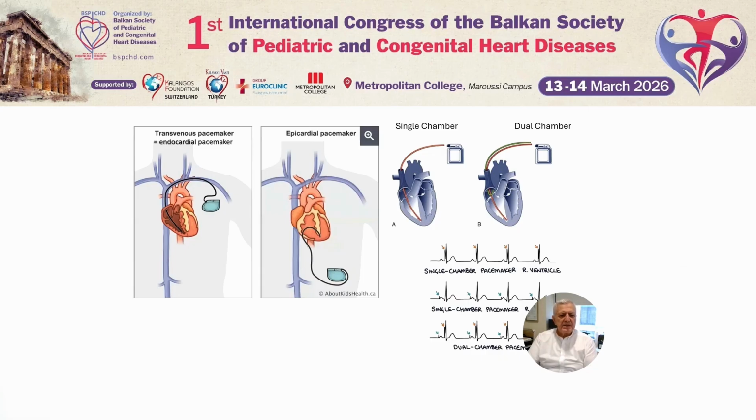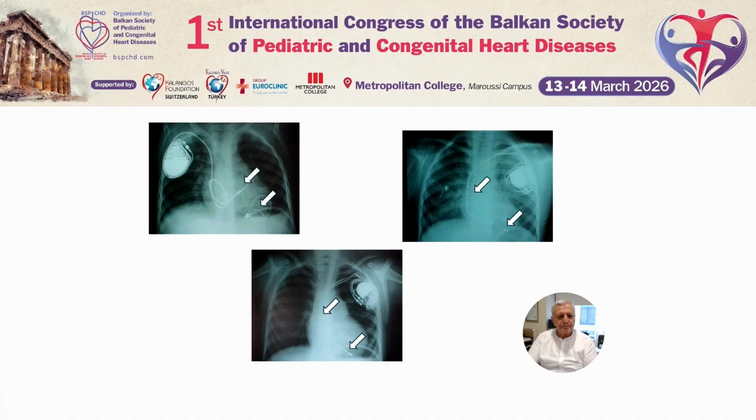In epicardial pacing systems, the electrode is implanted on the surface of the heart. The transvenous system can be single chamber or dual chamber. In single chamber pacing, it is not possible to ensure AV synchrony.